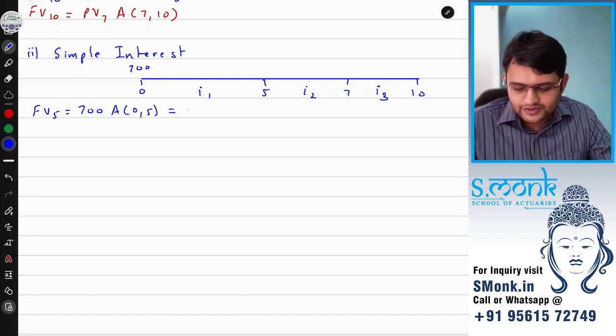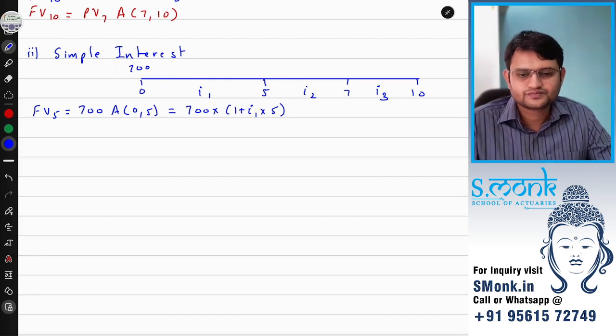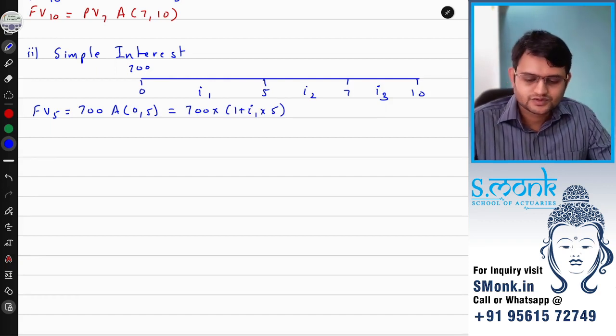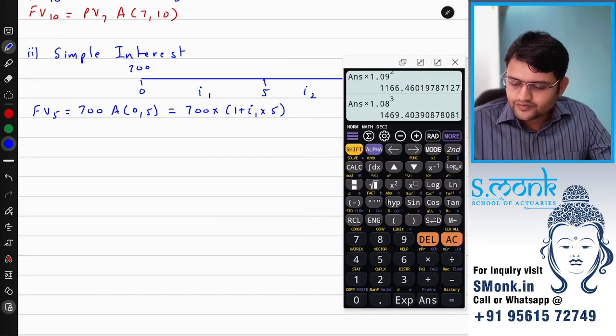Accumulation factor for simple interest is going to be 1 plus I1 into n, that is 5. I1 was 7%.